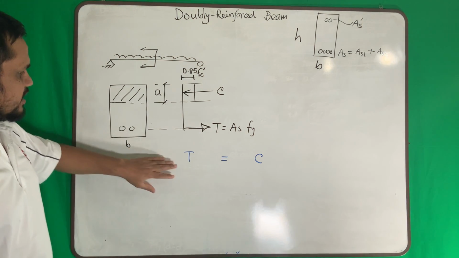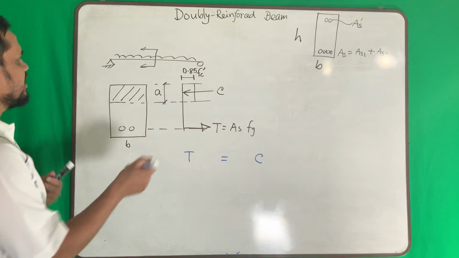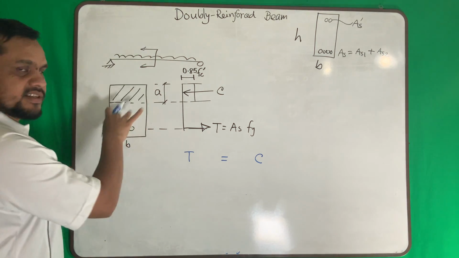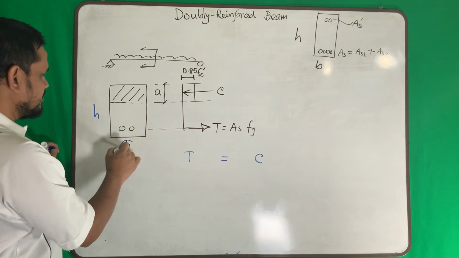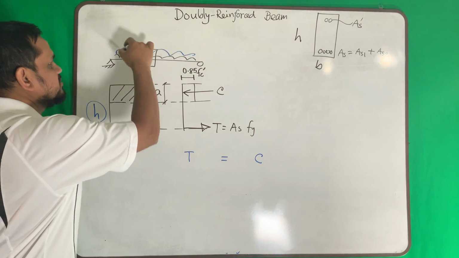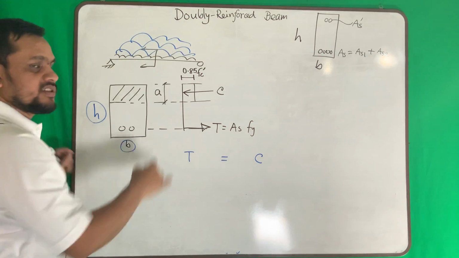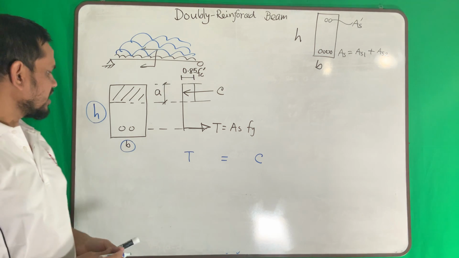Now for this case, tension equals compression. What happens if my size is now restricted, that I cannot exceed this B, I cannot exceed this height, but my load is huge? What will happen? I need more strength. What can I do?